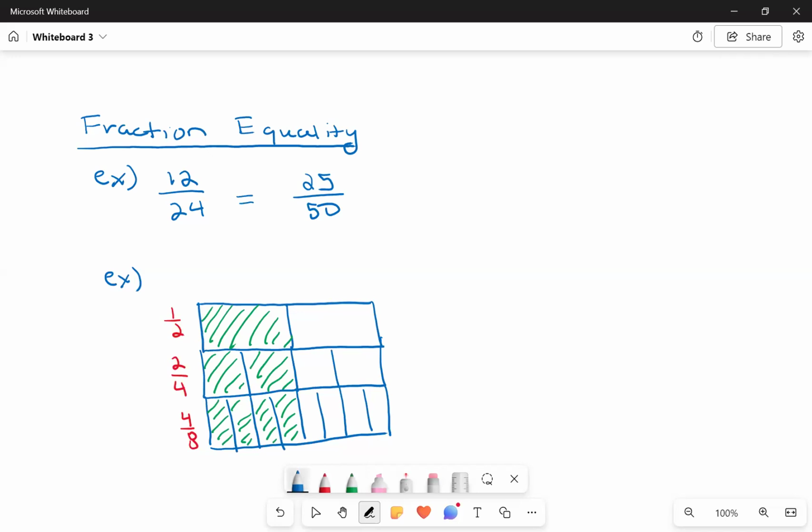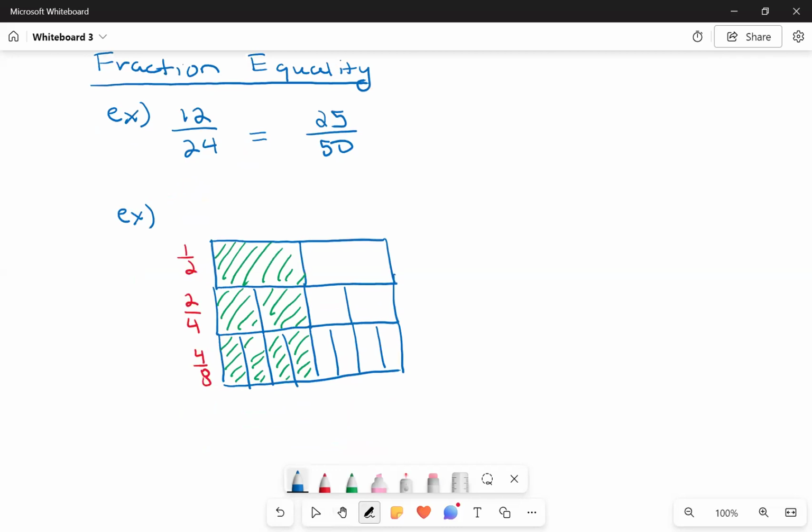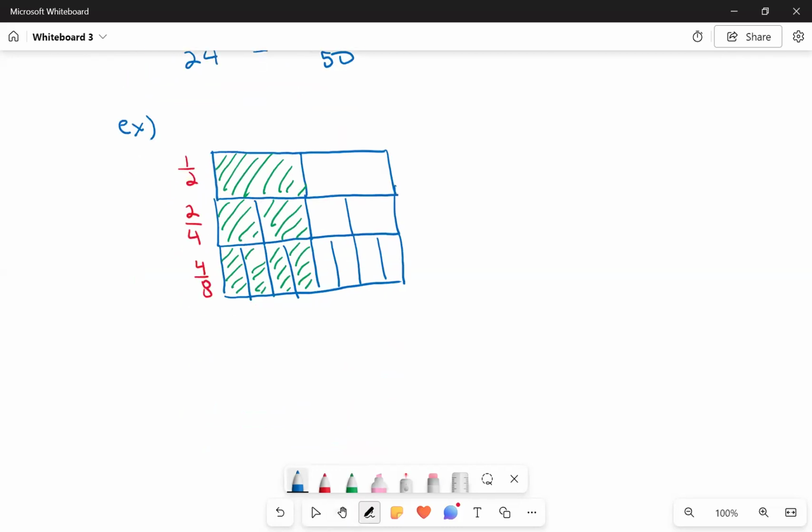Now, this leads into what's called the fundamental rule. Anytime they say fundamental rule or fundamental theorem in math, that means it's going to be used a lot.